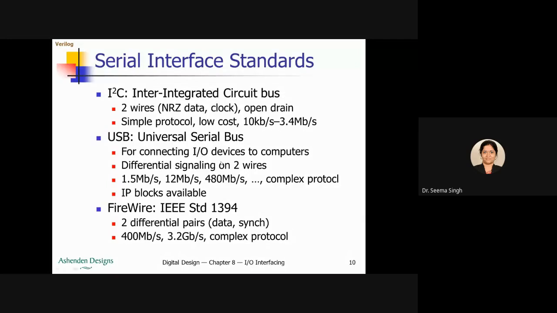It has open drain. I hope you remember, when we were talking about tri-state buses, there was also one method of open drain drivers. That open drain is used here, and it has a simple protocol, low cost, and the data speed is 10 kb per second to 3.4 MB per second. You have heard about I2C.